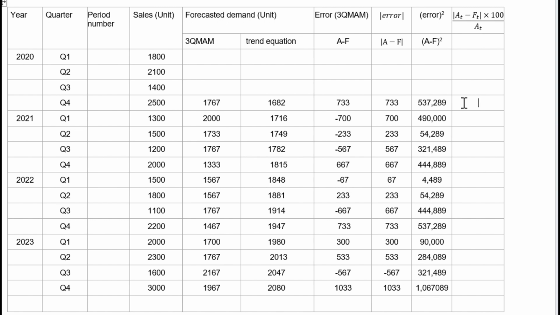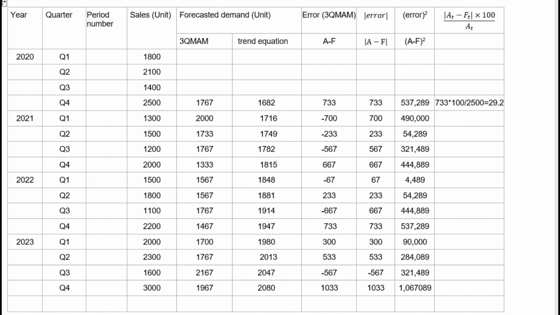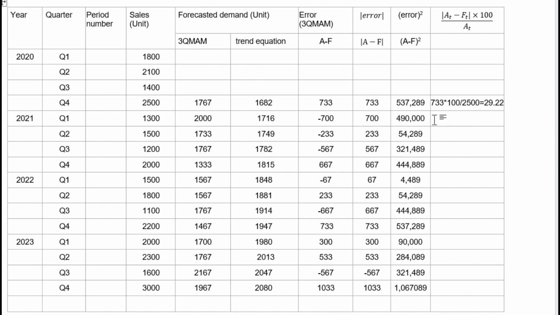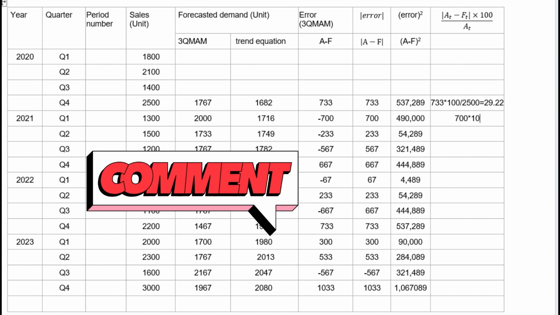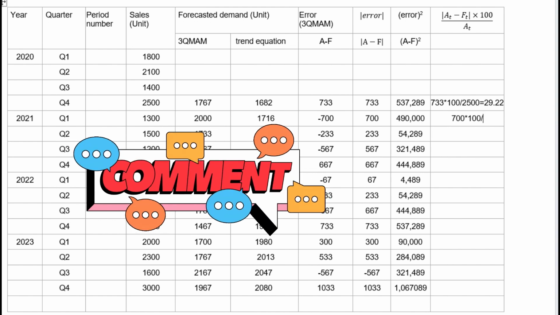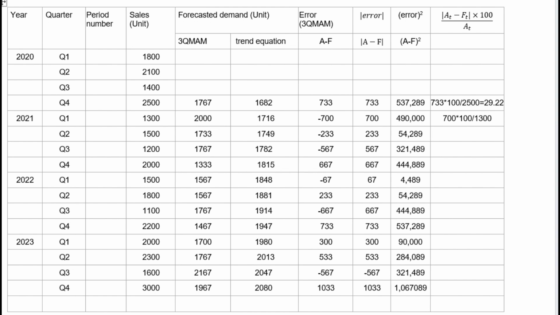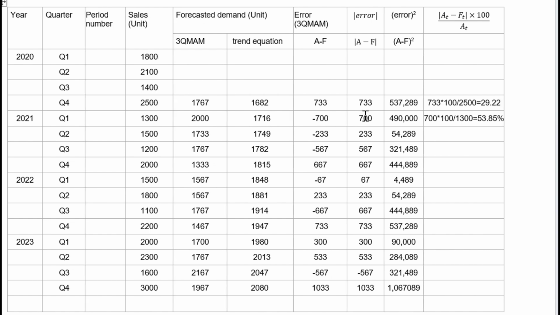So I will add a column here for this calculation. For this period, it is 733 times 100 divided by the actual sales for this period, which is 2,500. So this is equal to 29.22. For the second period, it is 700 multiplied by 100 divided by 1,300, and this is equal to 53.85. Of course, this is a percentage.